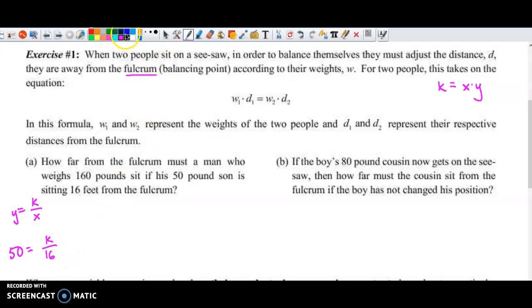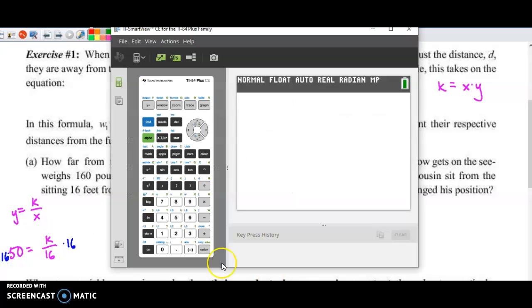And the way I would solve for k is by multiplying the 16 over, and you're welcome to use a calculator. 50 times 16 is 800.